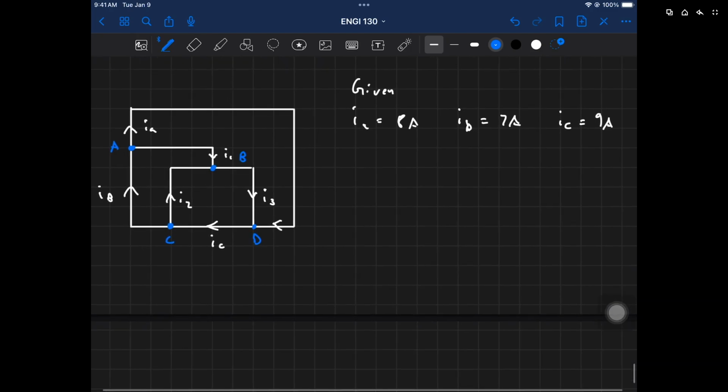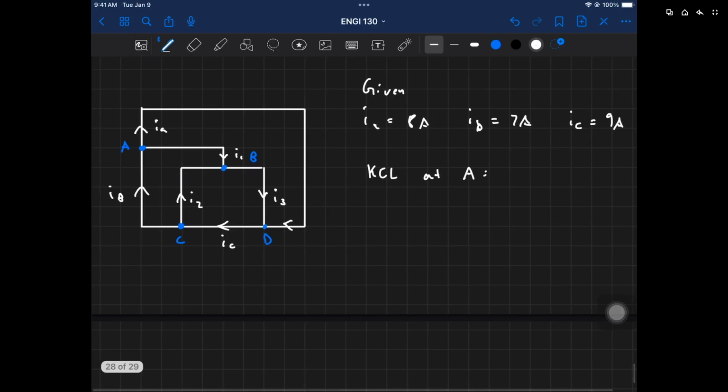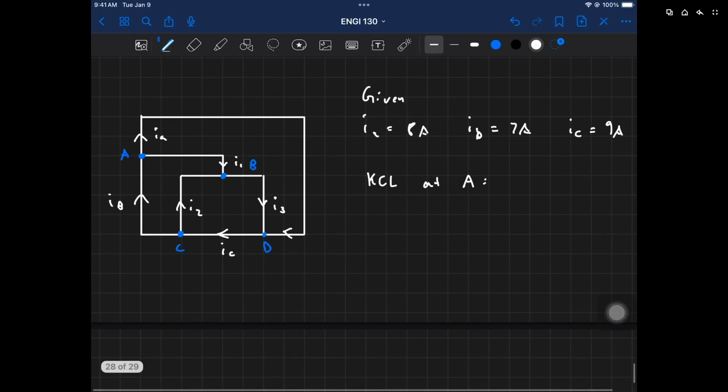Now let's do KCL at A. What do we have? Well, remember, I in is equal to I out, right? So we have coming in, IB, is equal to going out. We only have IB coming in is equal to IA plus I1.